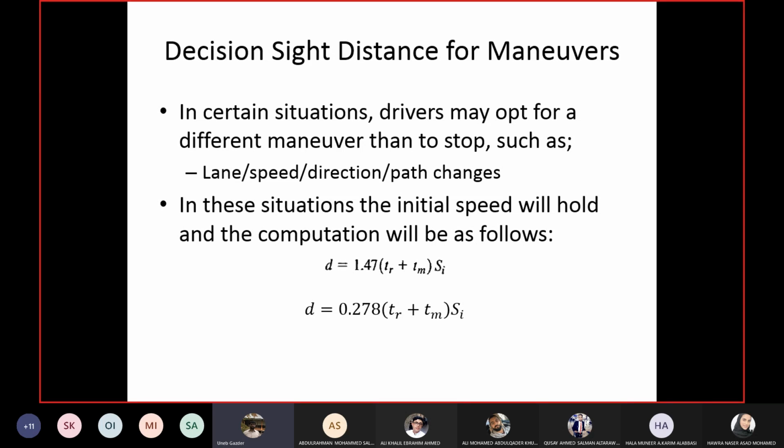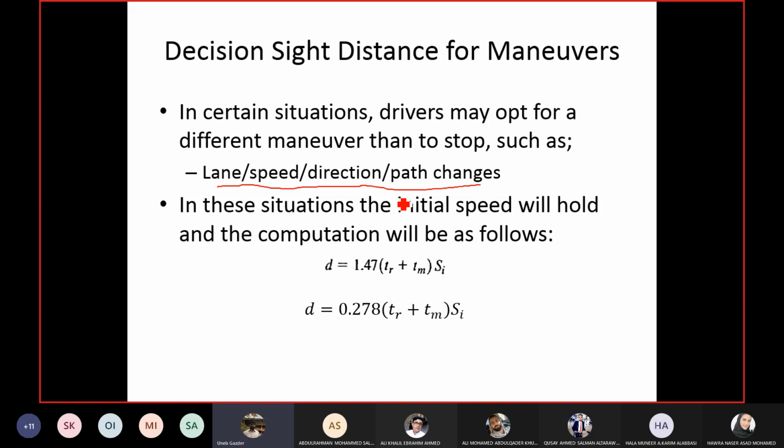He may change his lane, he may reduce his speed, he may change his direction, or he may just slightly change his path and continue. These are the other actions which drivers normally do to avoid accidents when they encounter something unexpected or unusual. If they don't want to stop, they will do something like this.